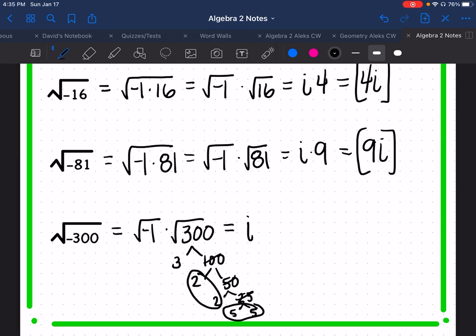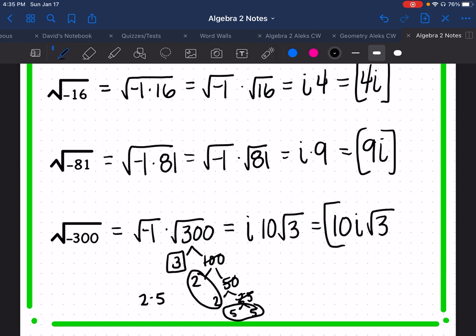They pair up and become, let me put it over here, 2 times 5, which is 10. And this one gets left underneath the square root because it doesn't have a partner, right? Simplifying the radicals. If you have an answer like this, the whole number comes first, then the imaginary part i, and then you put the square root after. Okay?